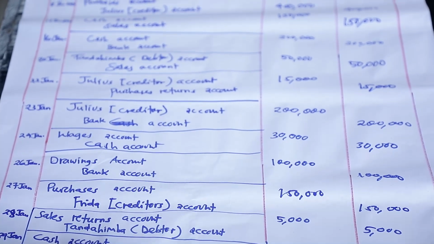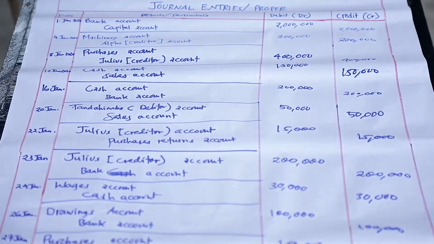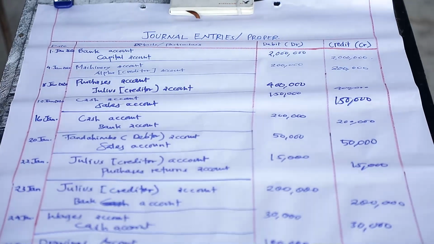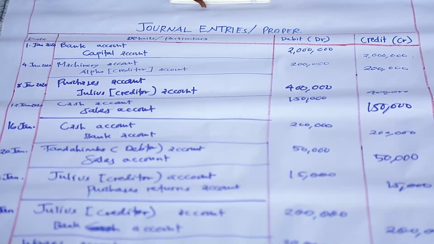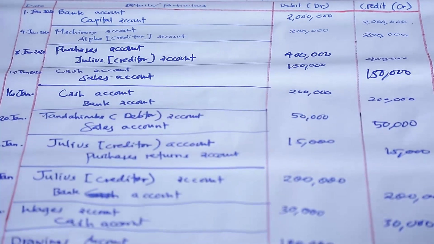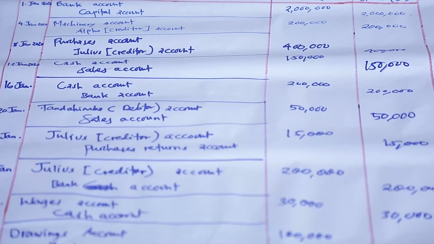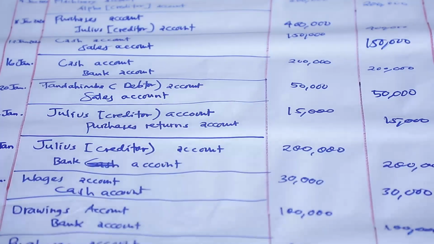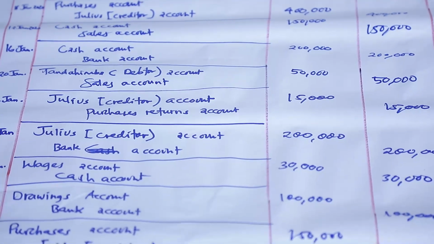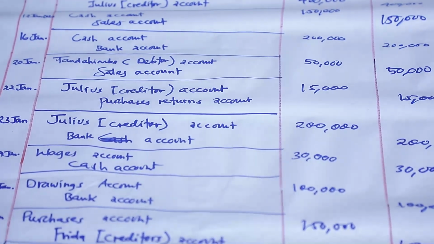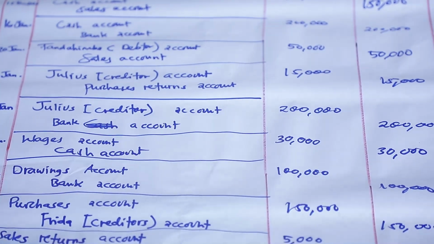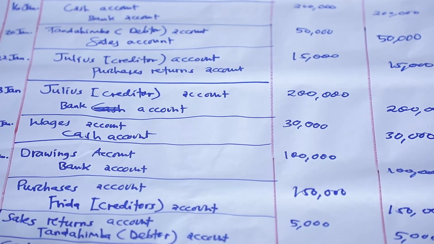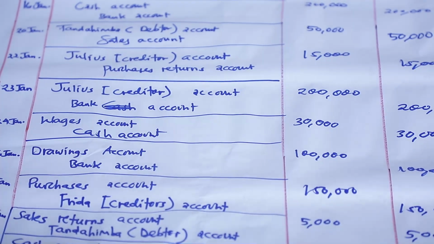Hapa tumefuata ile general rule, but also nimetumia ile knowledge ya nature of accounts, whereby the expenses, assets and drawings have a debit nature, while the revenue, capital and liabilities zina nature credit. Na when I say kwamba kitu kina nature debit, it means that when it increases ndo tunakidebit, lakini in case zikidecrease tutakicredit.